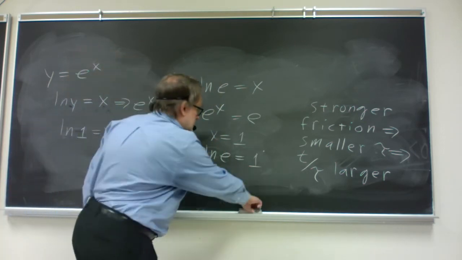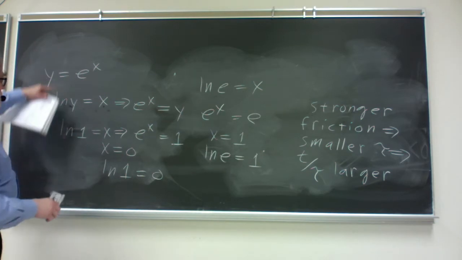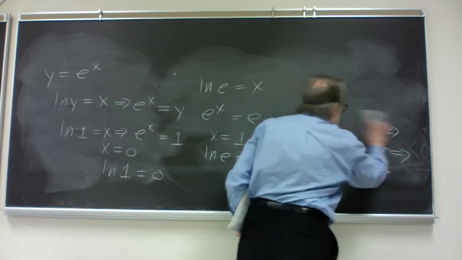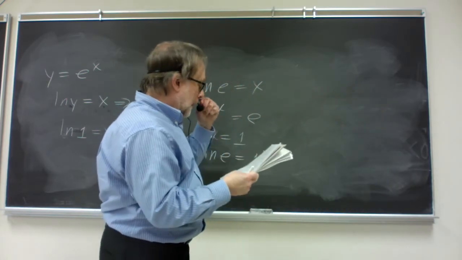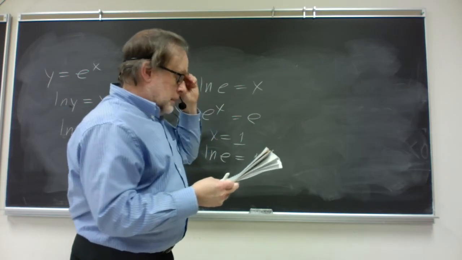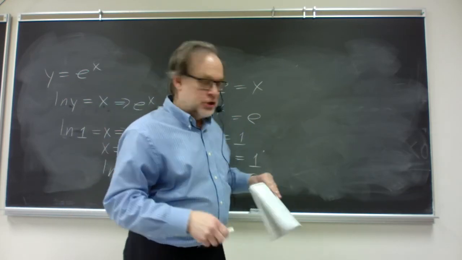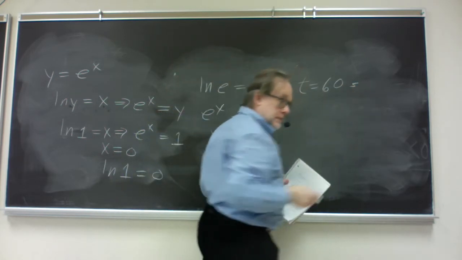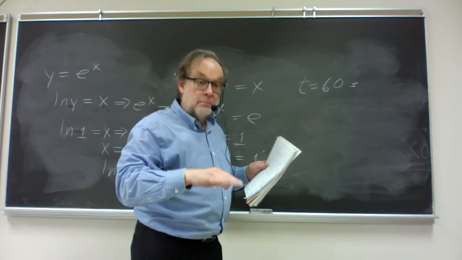Okay, now we'll see how we can actually use this pair of ideas to answer questions, figure out numbers. Let's say there's some kind of a damped oscillation such that after 60 seconds, after 1 minute, the amplitude has decreased by 10%.